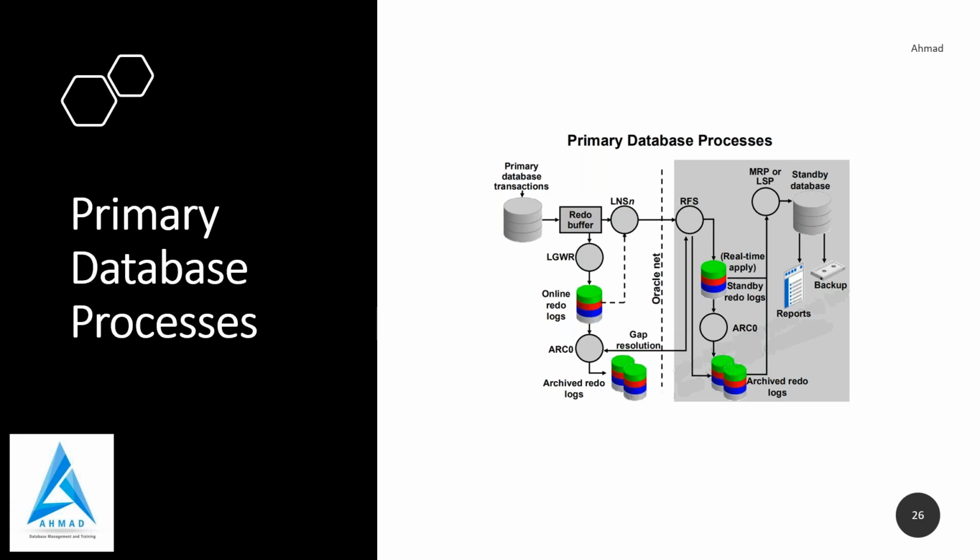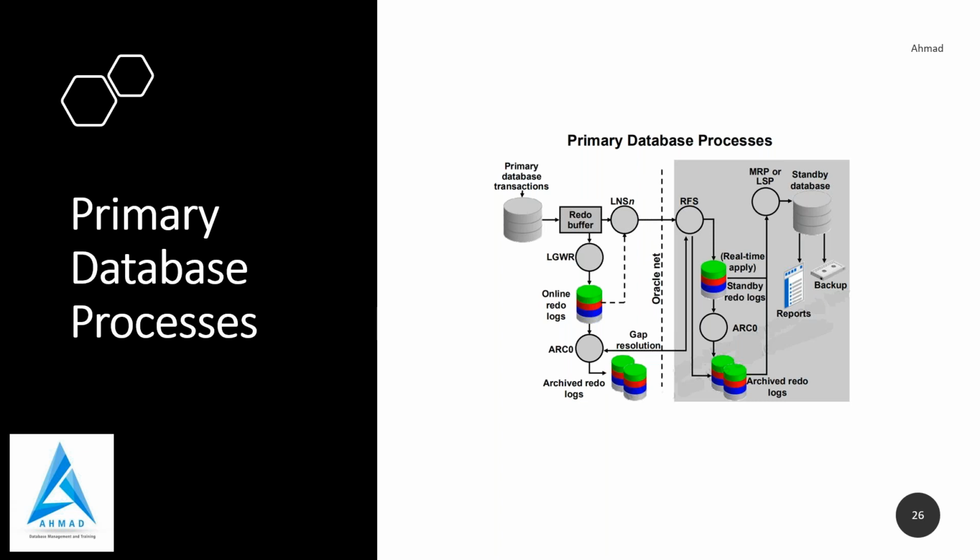So if you are doing the synchronization between LGWR and LNS, both will wait for confirmation. If you are doing an asynchronous standby database configuration, then the LNS process independently reads the redo from either the redo log buffer in memory or the online redo log file of the production or primary database, and then ships the redo to the standby.